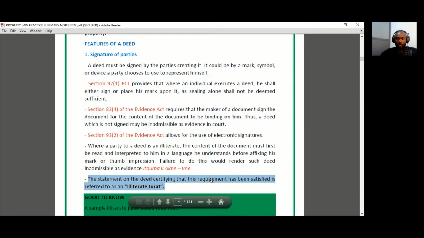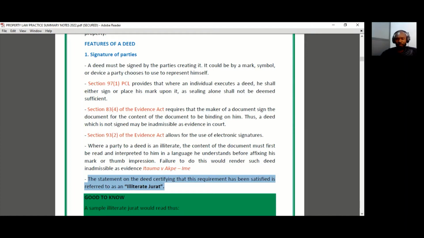An illiterate jurat is simply a statement that's included, which would basically state that the content of the deed was read to the person in that language that they understand before they fixed their signature to the document. Now, if that's not contained in the deed, the execution of that deed would be invalid.